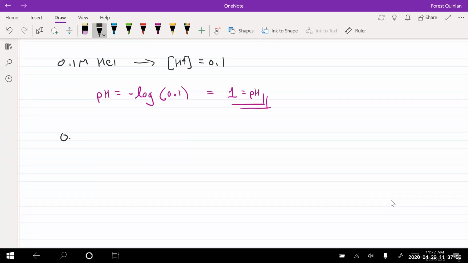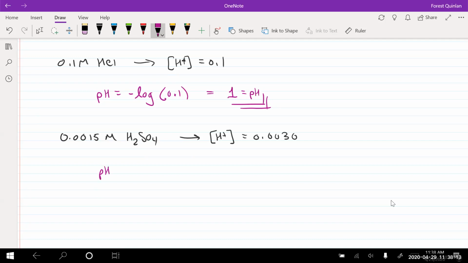We had 0.0015 molar H2SO4. You told me the concentration of H plus, 0.0030.